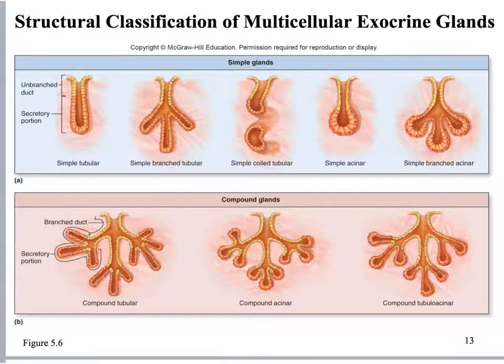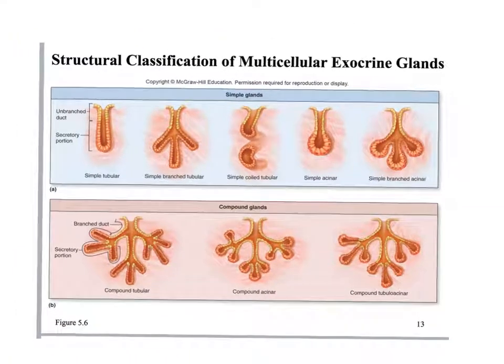Now those glands come in some different structures. They get kind of funky up there. We have simple tubular glands, with an acinus at the end and an unbranched duct, just a tube. Then we have a branched tube, with multiple acini to one tube. We can coil that tube. This is what eccrine sweat glands are.